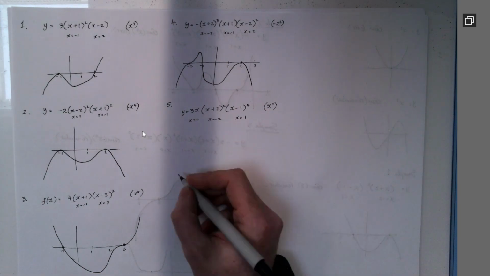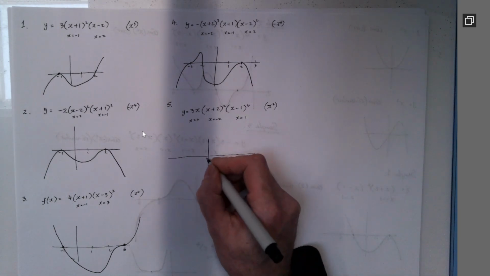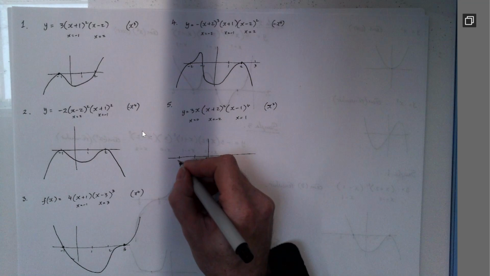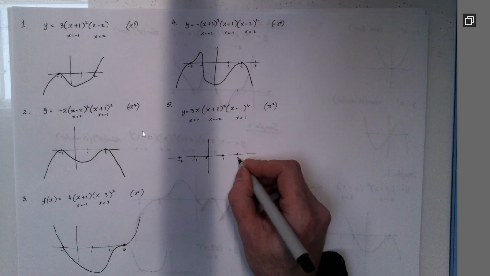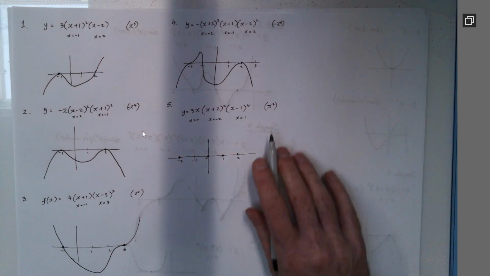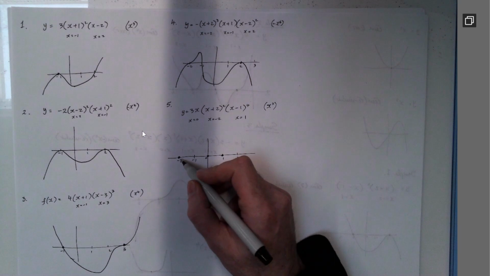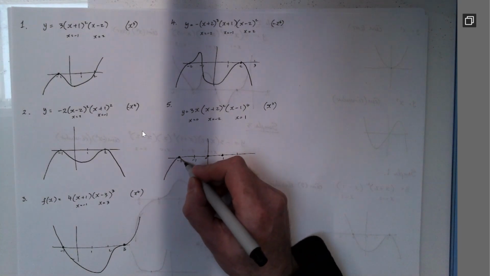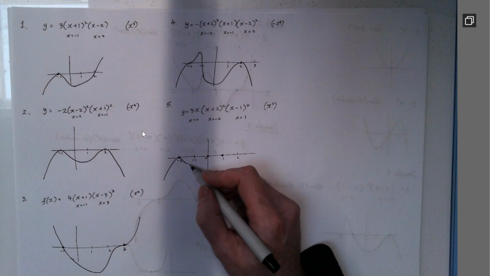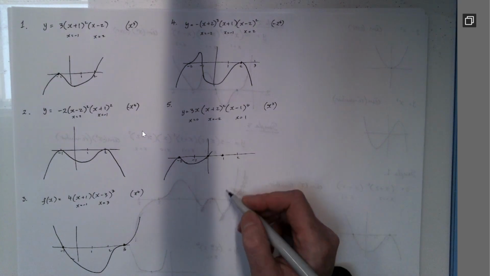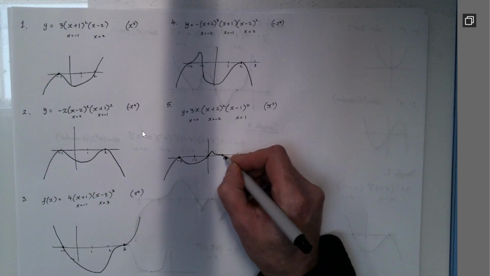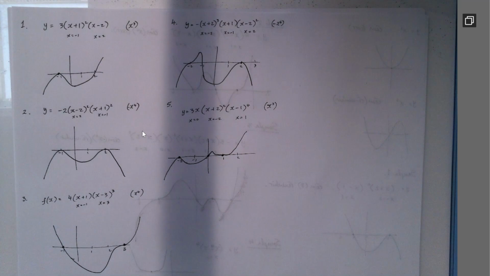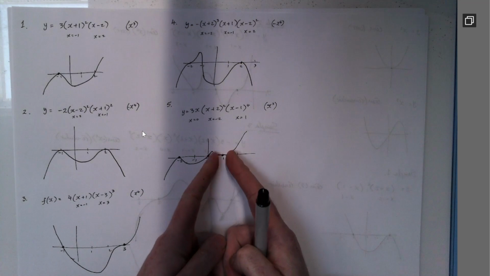Now the graph: 0, minus 2, 1. At the first root we go through, and at 1 we curve. So it's wide because it's x to the power of 4. The curve goes down at minus 2 and it's curved, then we go through 0, and at 1 it's wide and we go back up again.